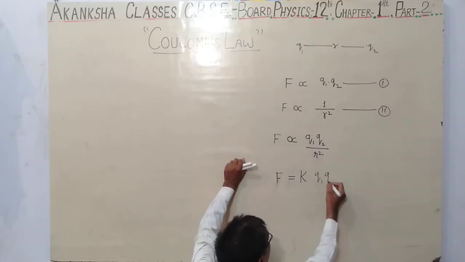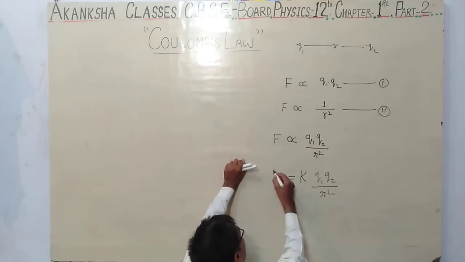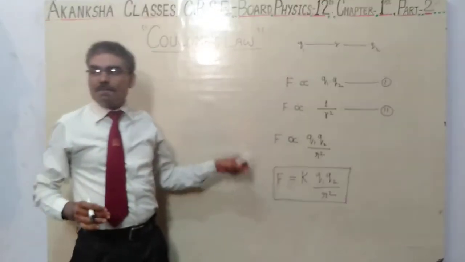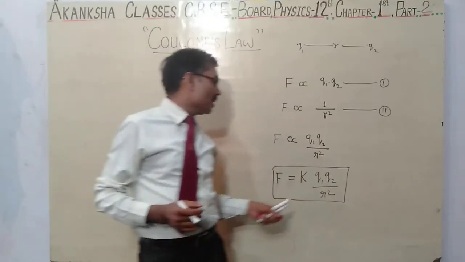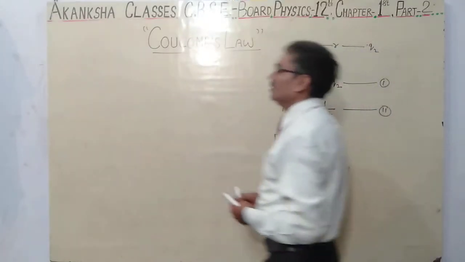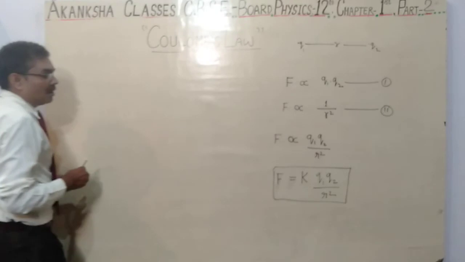Here q1 q2 by r square. This is called Coulomb's law. We have to know some strange facts about Coulomb's law. We will discuss here about Coulomb's law.